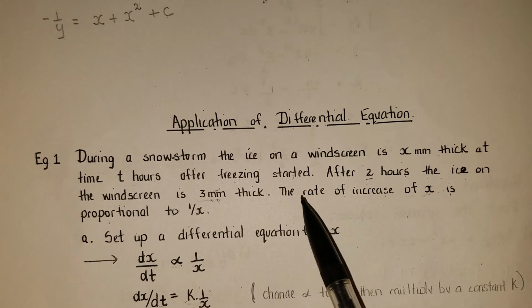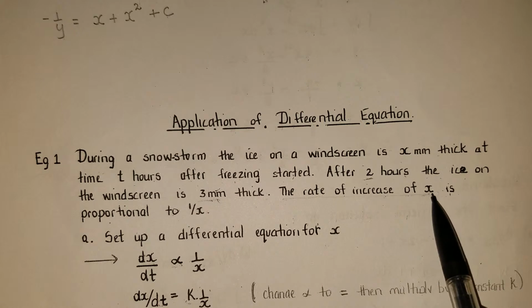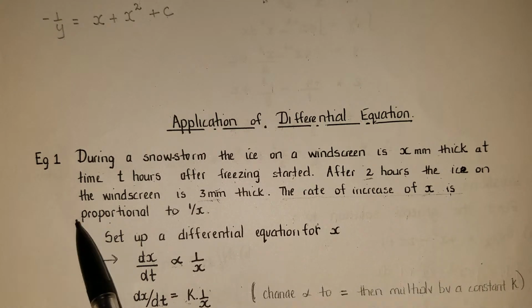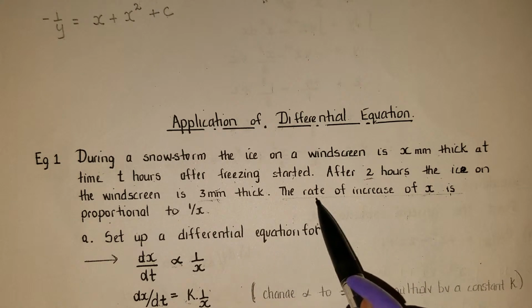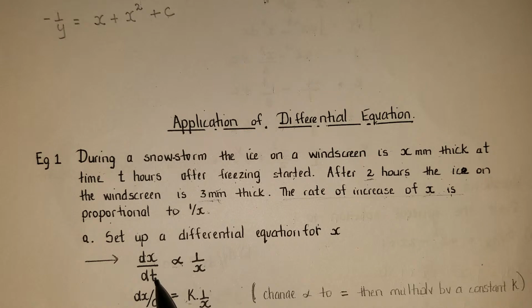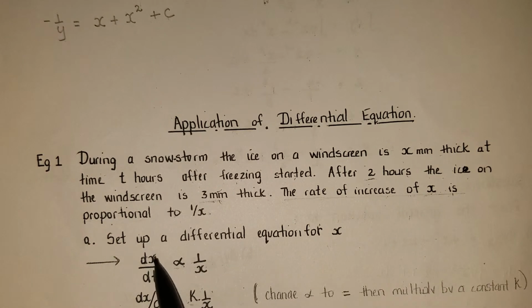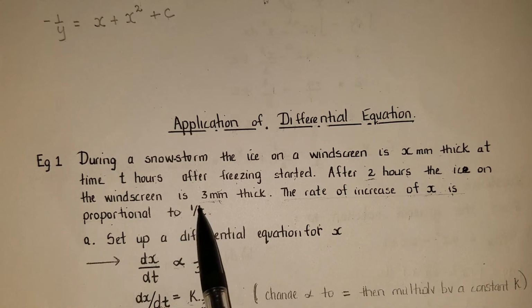Now let's work with the information that's given. It says the rate of increase of x is proportional to 1 over x. So let's write that down. Rate of increase of x will be expressed as dx dt, meaning as time passes, x changes. Rate of increase of x is proportional to 1 over x. So this is our proportional sign.